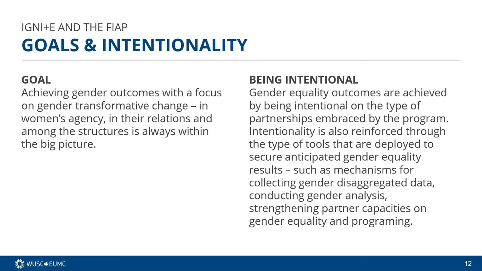So tackling access, control, and rights really requires innovation, both in how partners engage their constituents, how they understand problems, how they design and deploy solutions, and how they really work together to drive systems change. And that's really our goal in IGNItE.